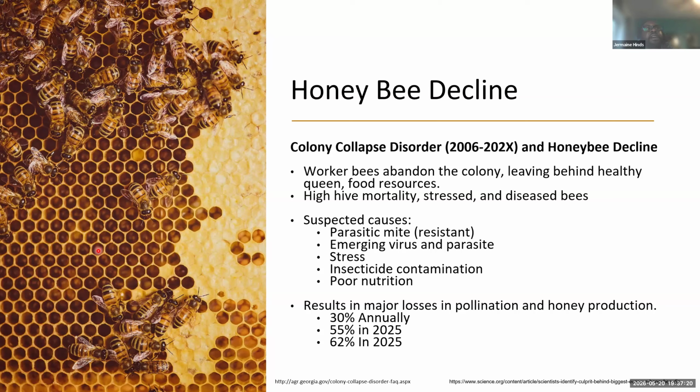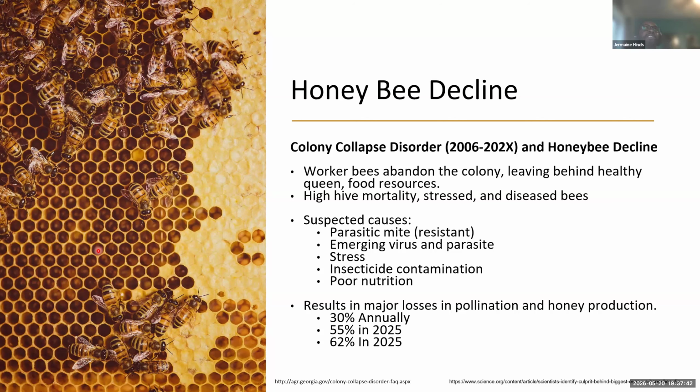It's been associated with high mortality, stress, and diseased bees. The thing is, between 2006 and 2014-ish, colony collapse disorder, as it was seen, sort of went away, right? We stopped seeing colonies where they're abandoning.